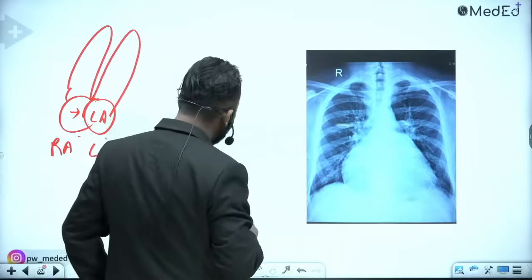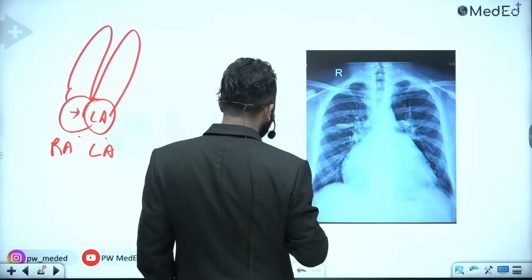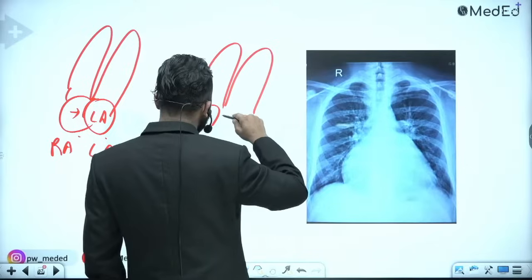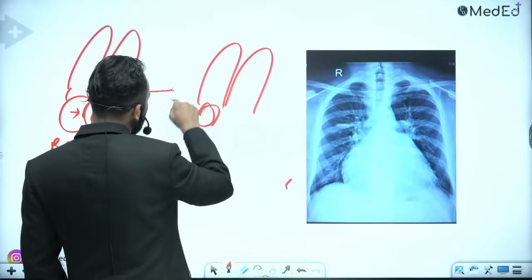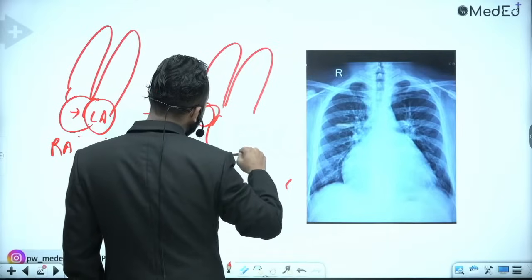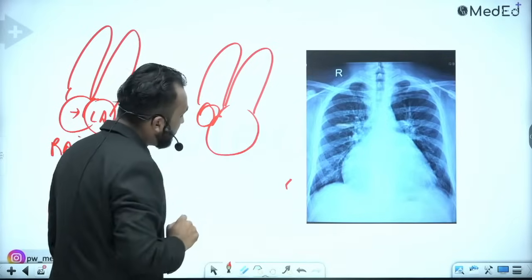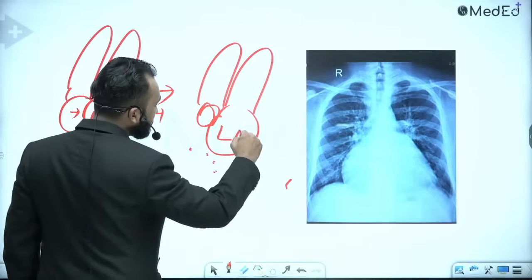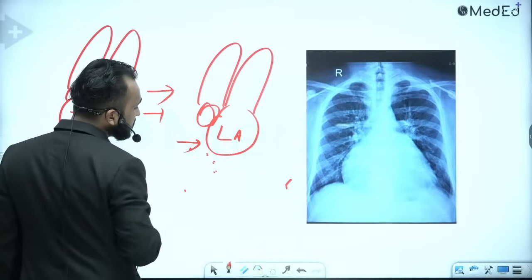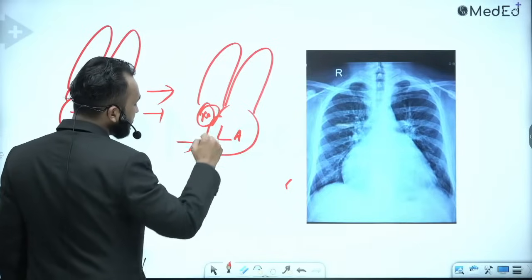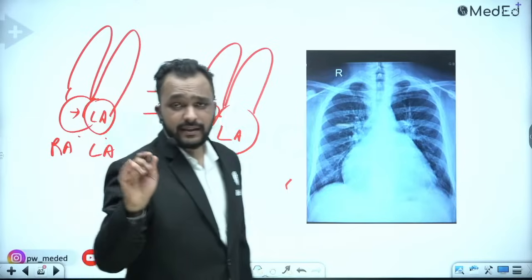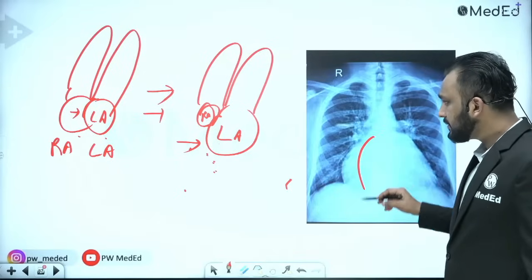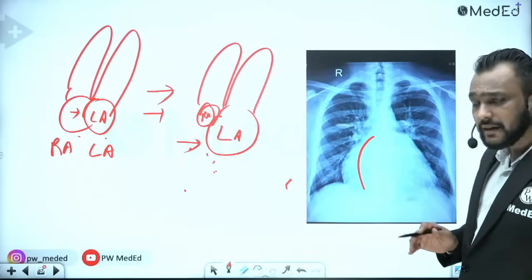But when there is mitral stenosis, there will be enlargement of the left atrium, and when it is enlarged, it is not lying alongside the right atrium, and the right border of the left atrium casts a separate shadow on the chest X-ray, and this is known as double atrial shadow.